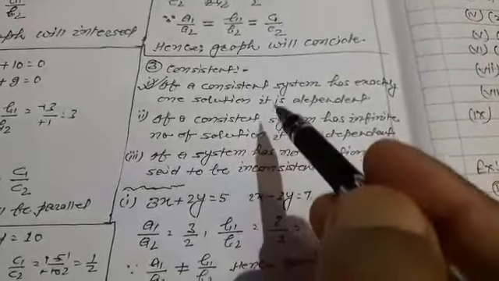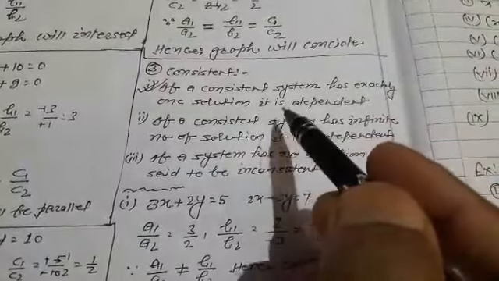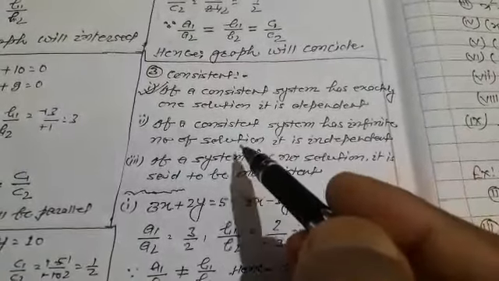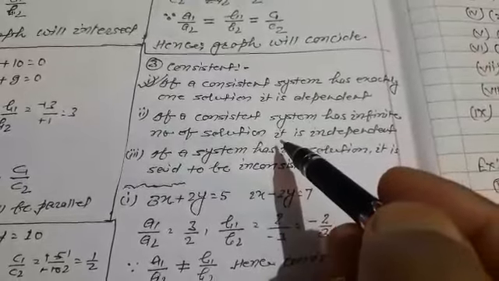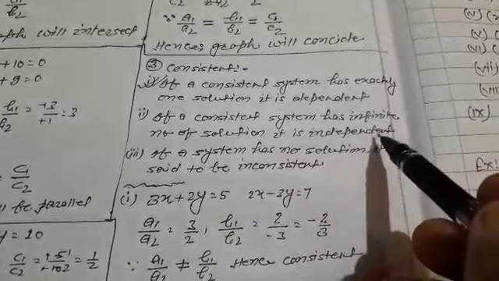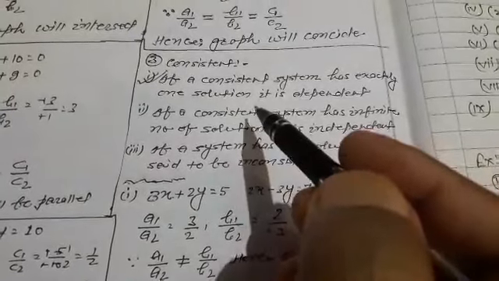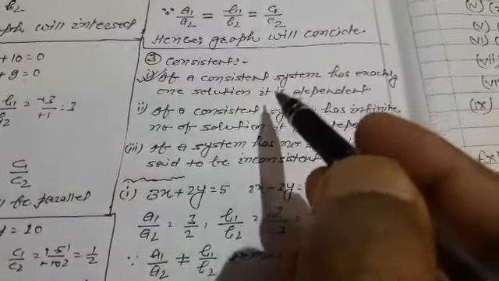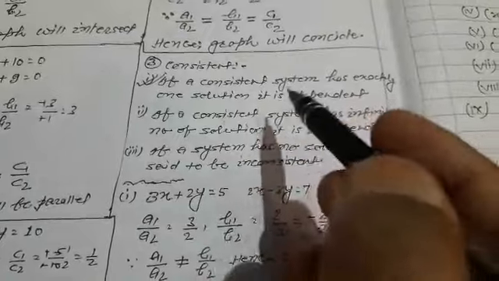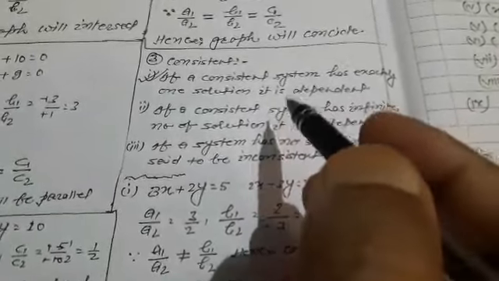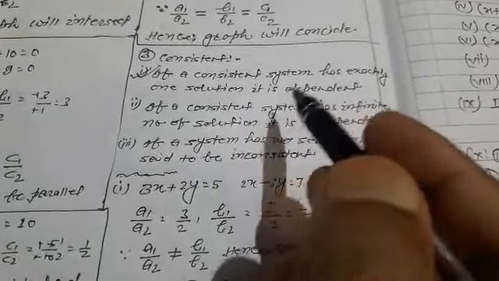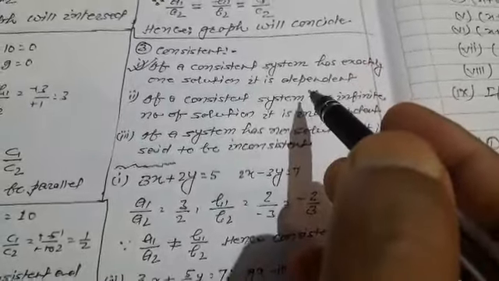If it has one solution, it is called dependent, and if it has an infinite number of solutions, it is independent. We can find the solution only for those systems of equations which are consistent.